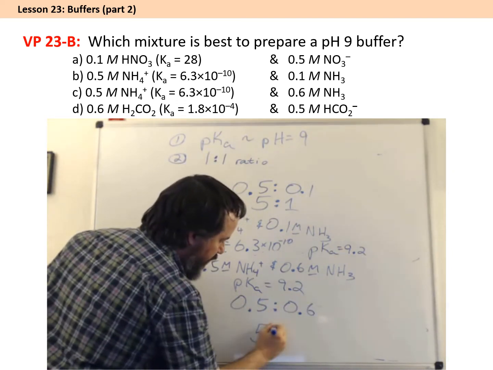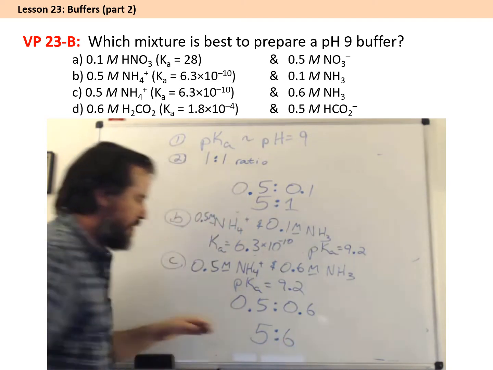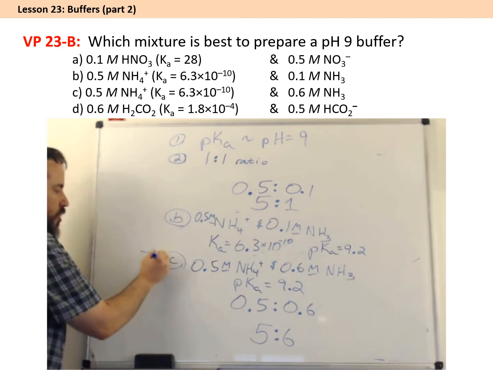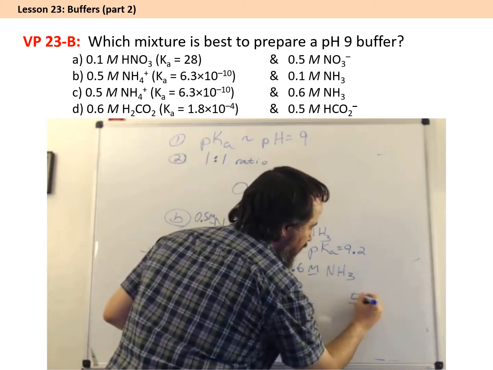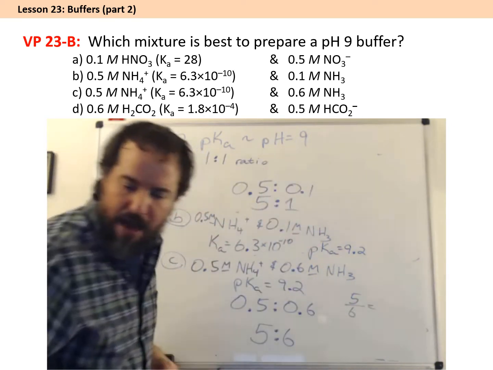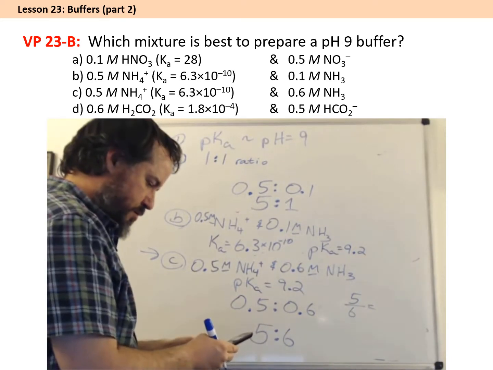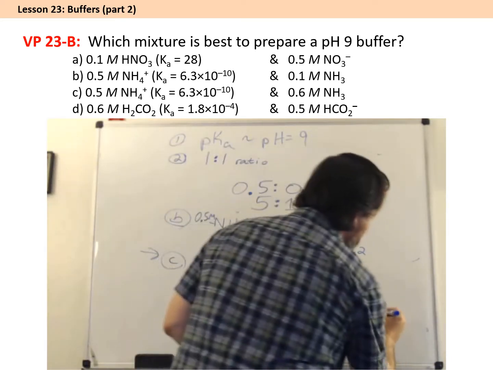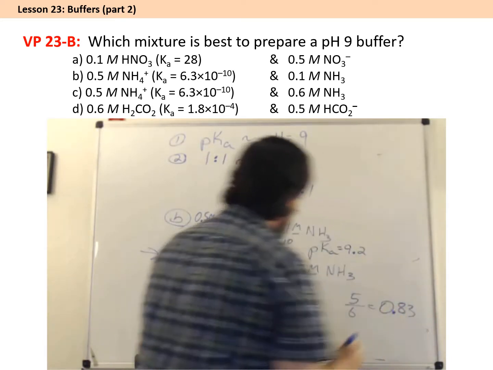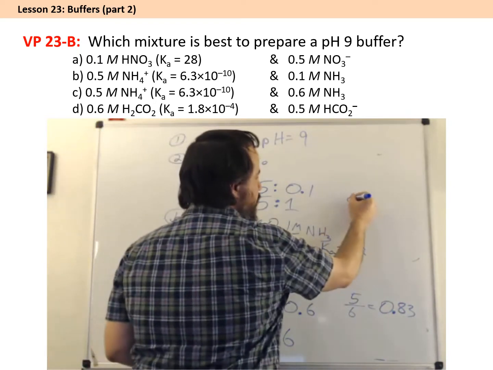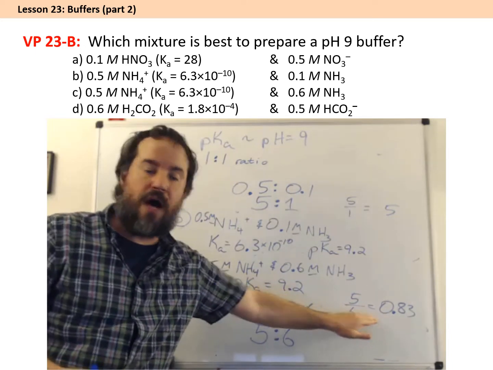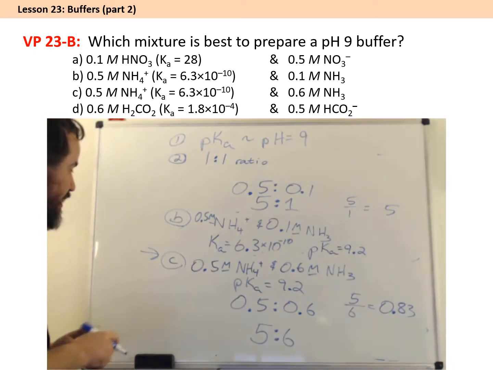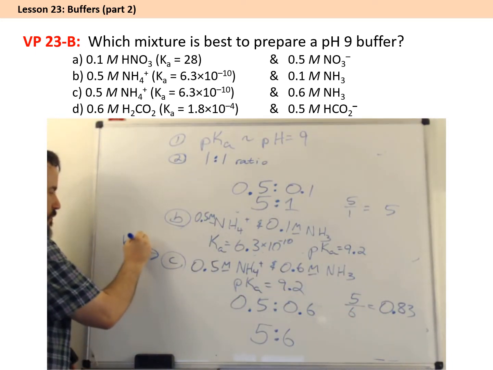So that means I have 5 for every 6. This is closer to a 1-to-1 ratio, right? Another way to think of this is 5 over 6. That's going to get me 0.83, right? Whereas 5 over 1, that's going to get me 5, right? This is closer to 1-to-1. So that means that C is my best choice.